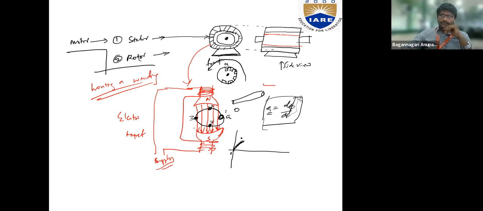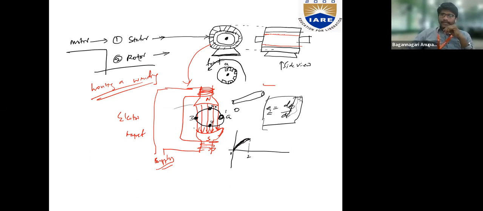But as it moves to position 2, it has cut some flux. And as it moves towards the center of the North Pole, the flux cut by the conductor will definitely be large. Up to 1 to 2, this will be the flux cut by the conductor. Now, as the rotation continues from position 2 to position 3, what will happen?